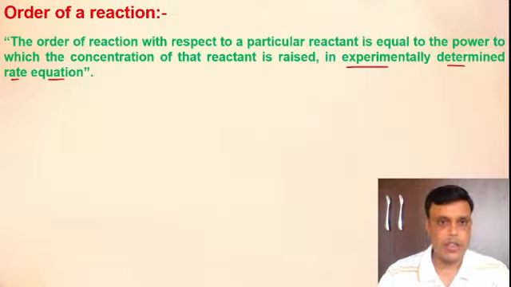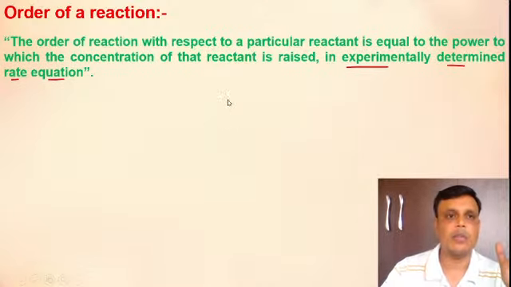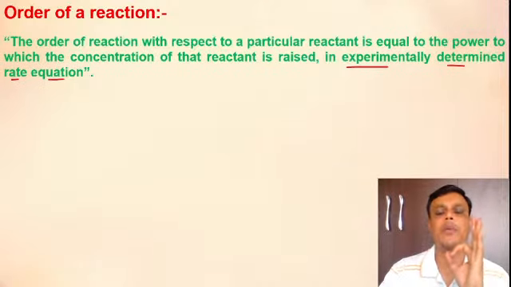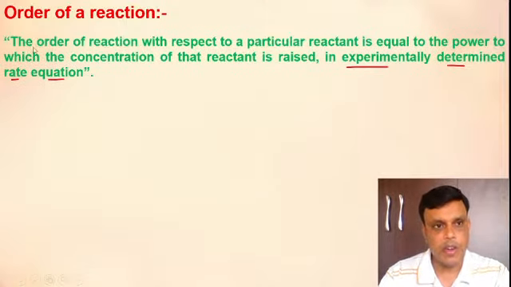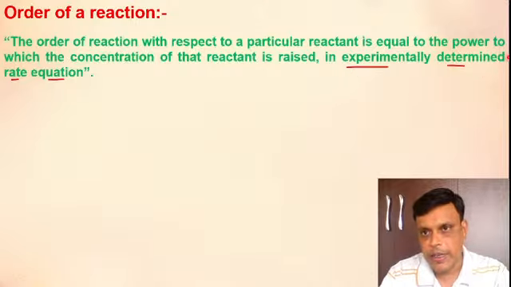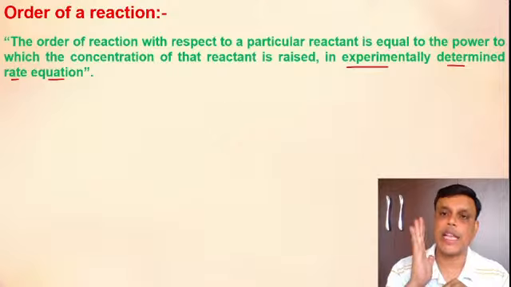The order of reaction with respect to a particular reactant. We can write down the order of reaction for a particular reactant also, and we can write down the overall order of reaction also. So order of reaction with respect to a particular reactant is equal to the power to which the concentration of that reactant is raised in the experimentally determined rate equation. First you have to determine the rate equation experimentally.